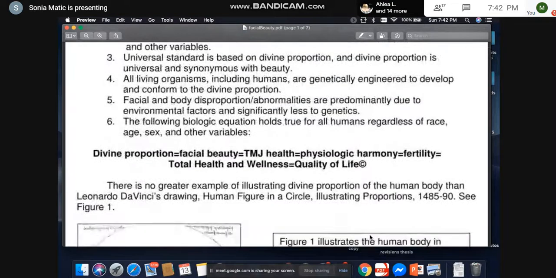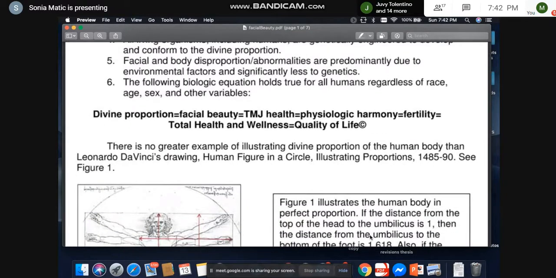So on divine proportion, for us, NM ortho equals facial beauty, equals TMJ health, equals physiologic harmony, equals fertility, equals total health and wellness, and equals quality of life. That is our mission. Not only to straighten the teeth, no? Not only no crowding, but also our main vision, our main goal is to improve the quality of life.